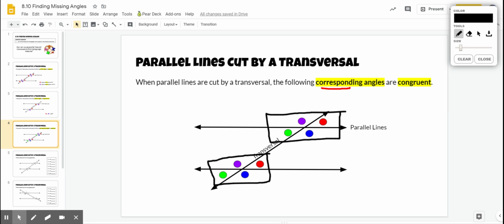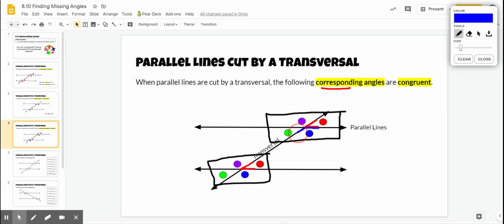So that's good news for us because we know that this purple angle up here is exactly the same measurement as this purple angle down here. Likewise, this red angle up here measures the exact same as this red angle down here. I'll try to mark all of these for you.